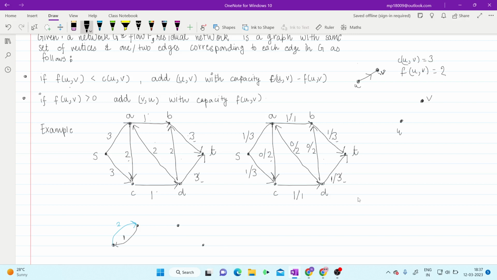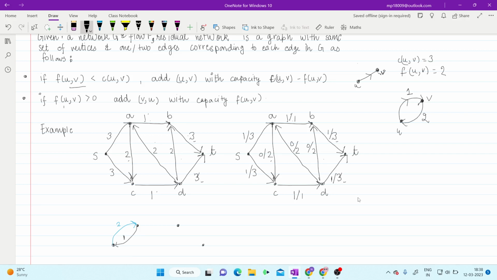If the flow is strictly less than capacity, and in this case the difference is 1, you'll draw an edge in the same direction with the difference, that is 1. And the second condition is if flow is strictly positive, then you also draw an edge in the opposite direction with the flow value.